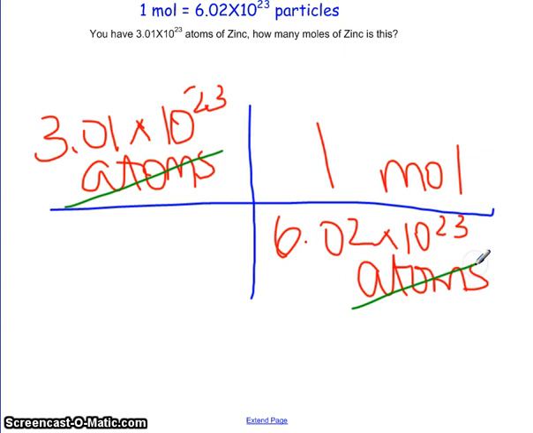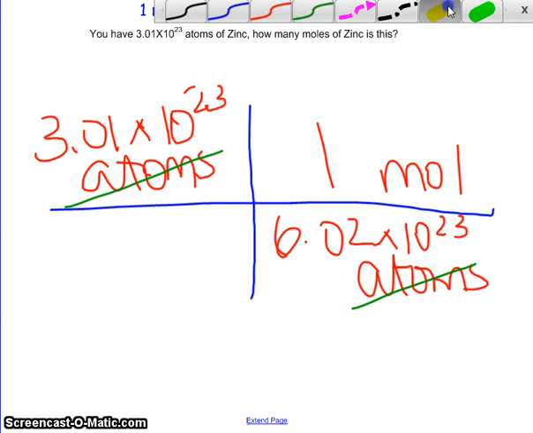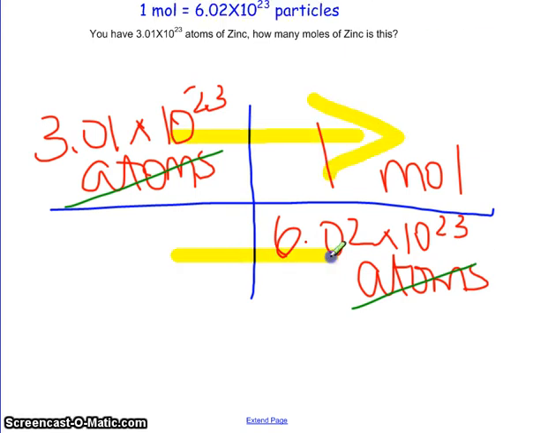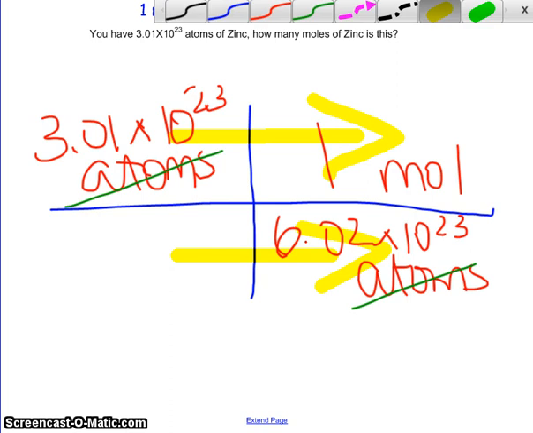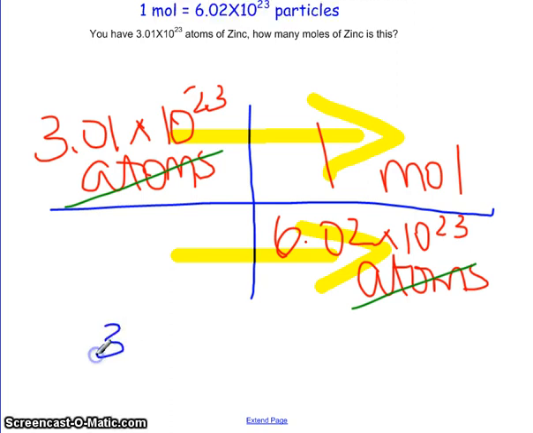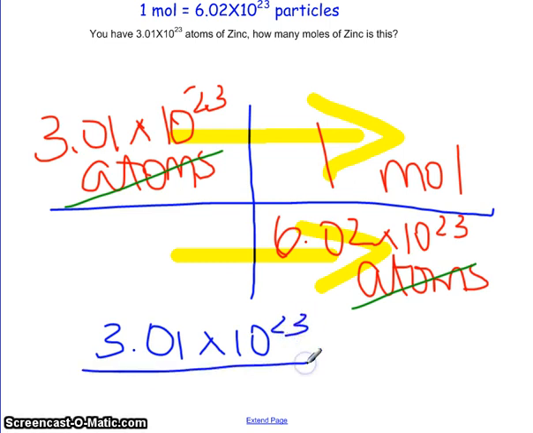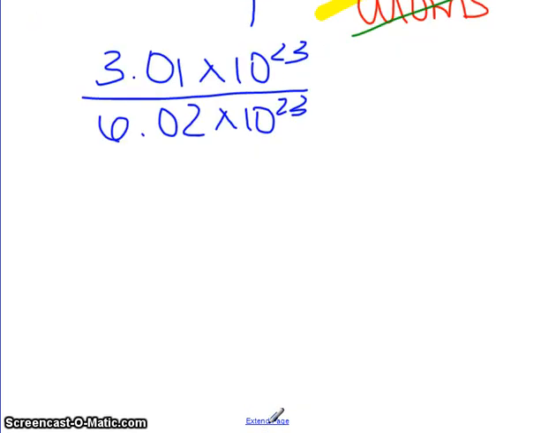Atoms cancel out. Multiply across. 3.01 times 10 to the 23rd over 6.02 times 10 to the 23rd. And yep, our answer will be 0.5 moles.